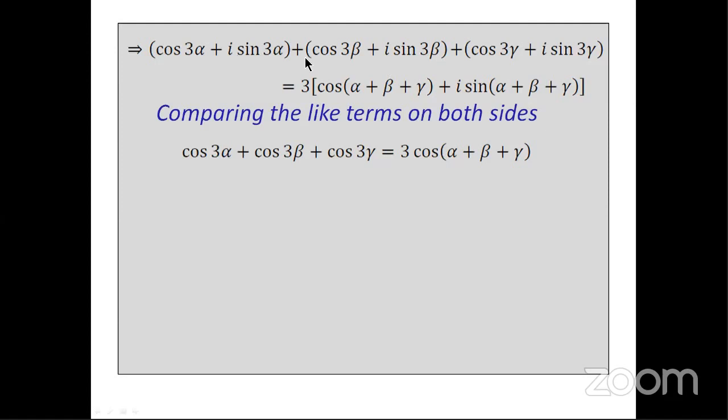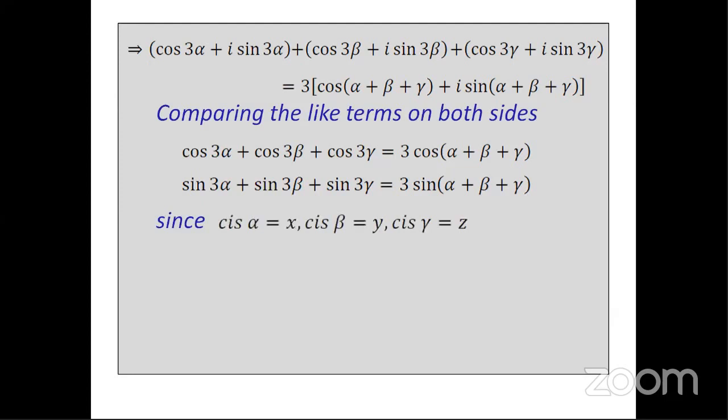And all the i terms, if you take, sin 3 alpha plus sin 3 beta plus sin 3 gamma is equal to 3 sin of (alpha plus beta plus gamma). Now, since you have cis alpha equal to x, cis beta equal to y, and cis gamma equal to z, if you take 1 by x, it is 1 by cis alpha, which is nothing but cis of minus alpha, or we can also write cos alpha minus i sin alpha, isn't it?